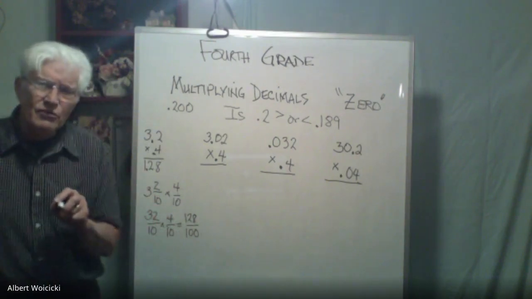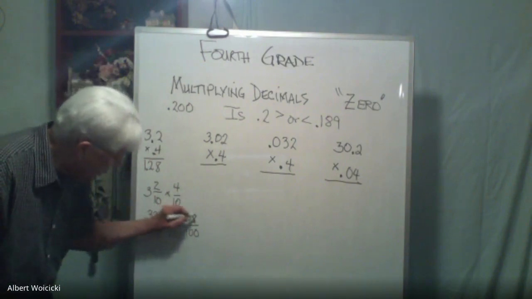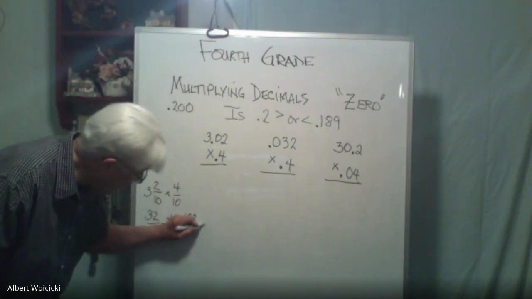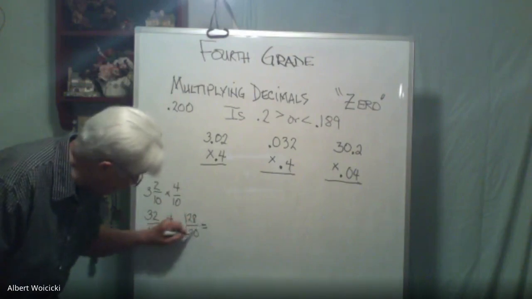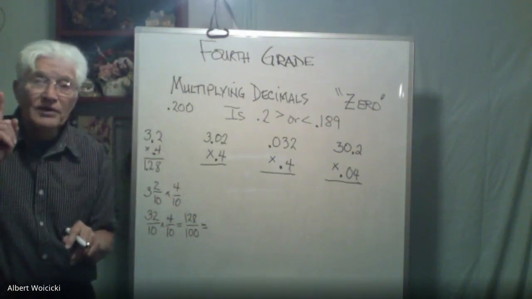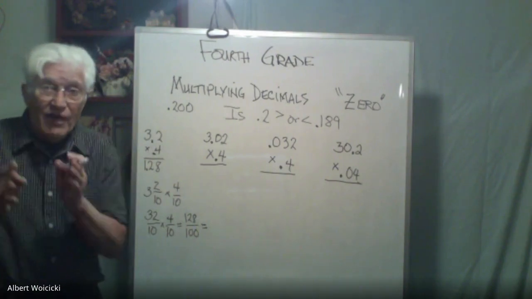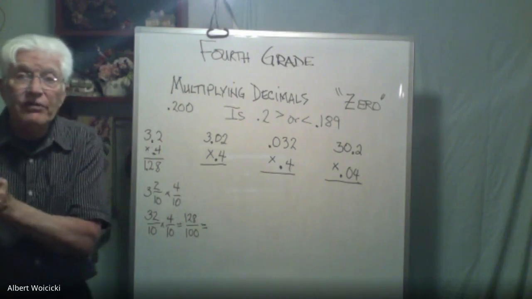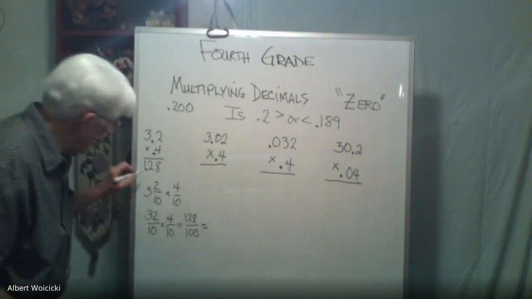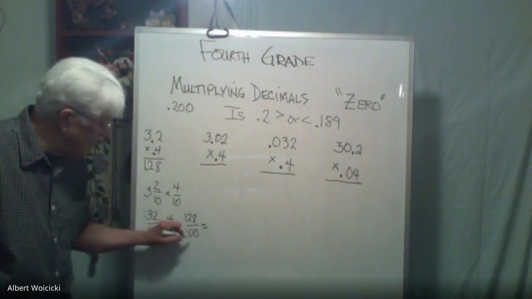And they might have said, wait a minute, it's not 128, it's one. Oh, wait a minute. 128. Well, if I take 100 and I divide it into 128, it'll go in there one time, won't it? And there'll be 28 of those hundredths left over. So we have 1 and 28 hundredths.